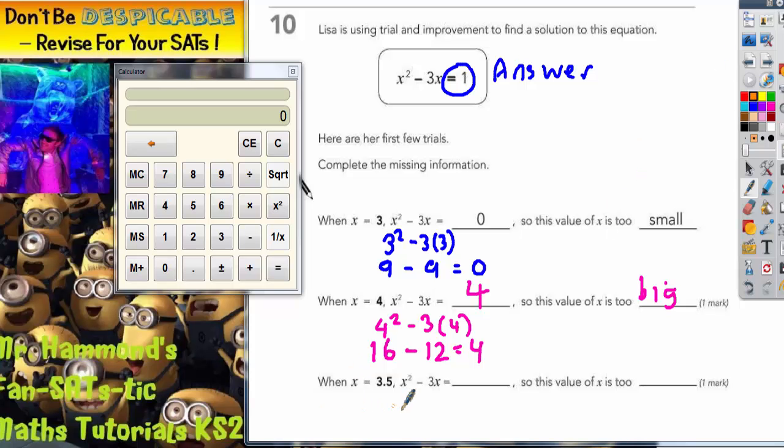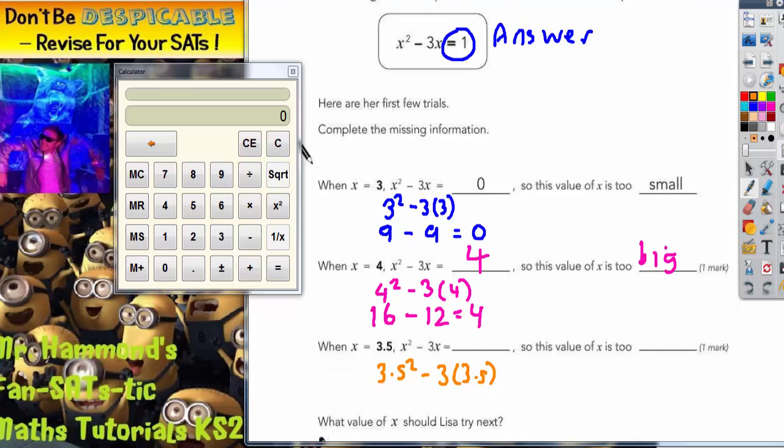So when x is 3.5, x squared is going to be 3.5 squared. Take away 3 lots of x, so 3 lots of 3.5. And now we need to work that out. So 3.5 squared, remember, use a calculator if you can't do it in your head. 3.5 multiplied by 3.5 is 12.25. Take away 3 lots of 3.5. 3 lots of 3.5 is 10.5.